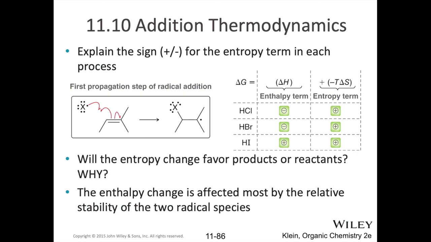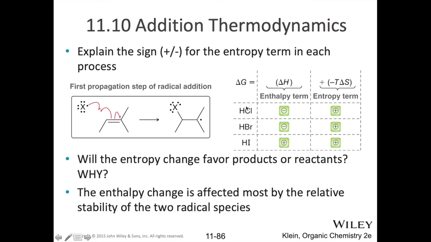In our first step of our propagation, we have our addition to that pi bond. We have our halogen radical coming in, and it opens up that pi bond and turns it into a carbon radical. Now, what bonds are we breaking and forming? We're breaking a pi bond here, and we're forming a carbon-halogen bond.